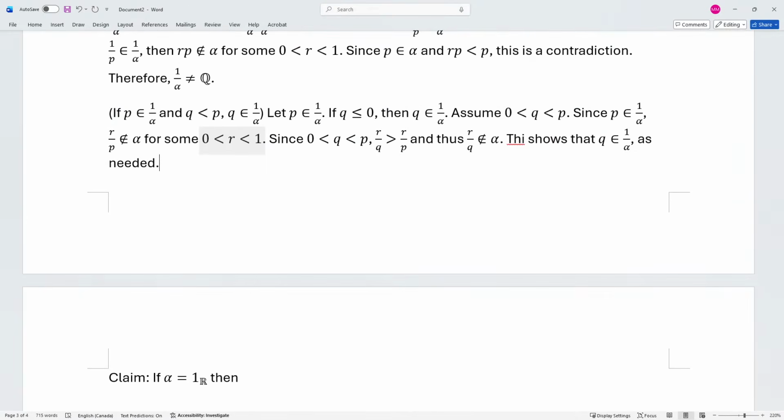All right. And for 1 over alpha, we need to show that 1 over alpha has no greatest element.